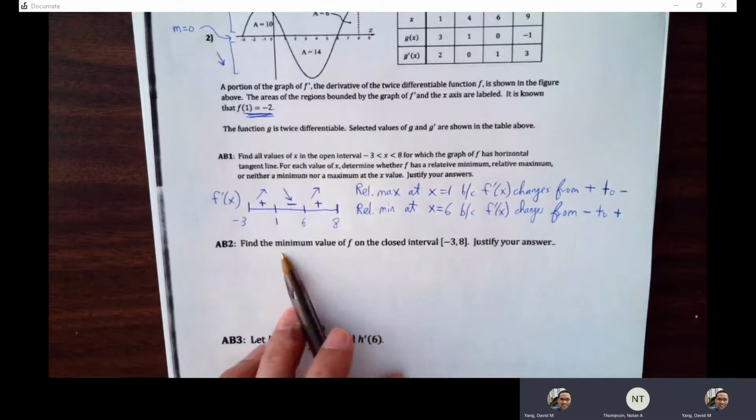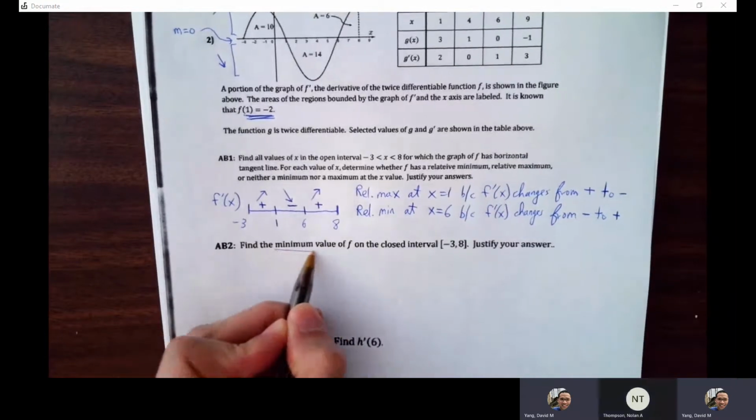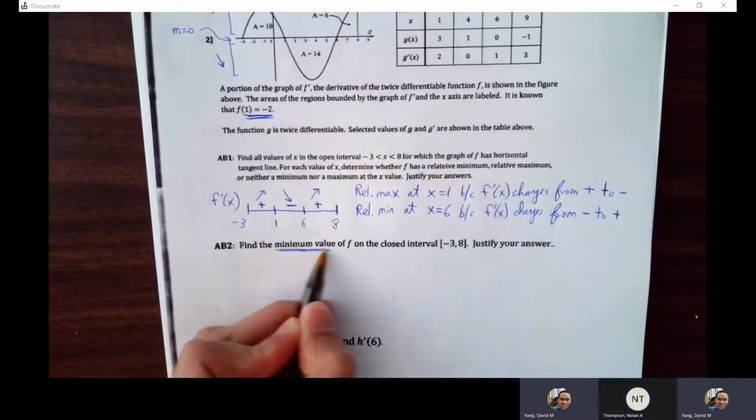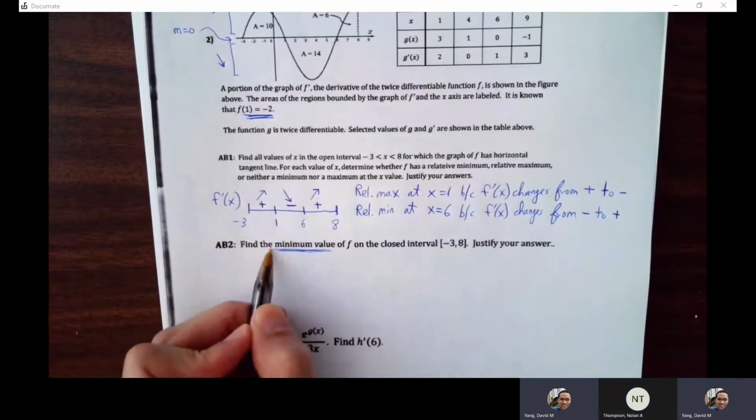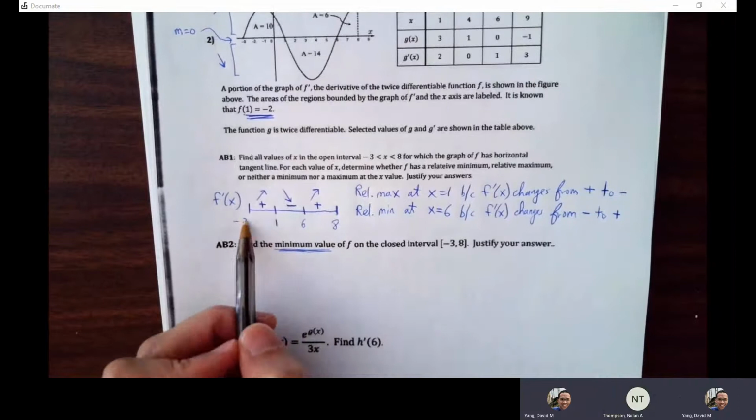Number 2, find the minimum value. So we want to find the understood word in front here, absolute minimum. So we know we have 4 candidates. This is EVT.